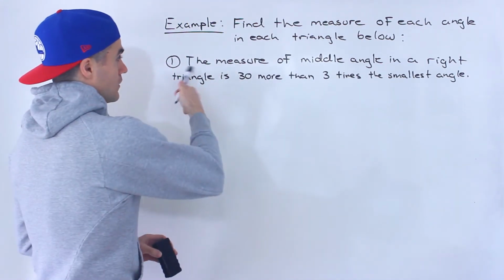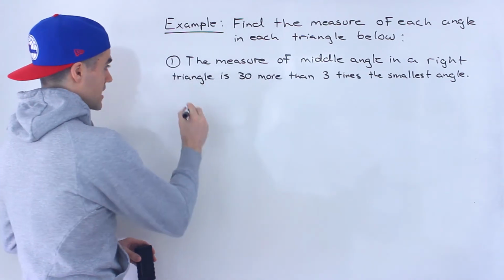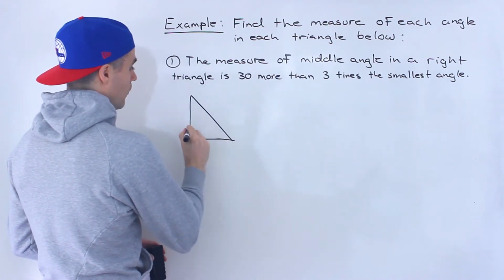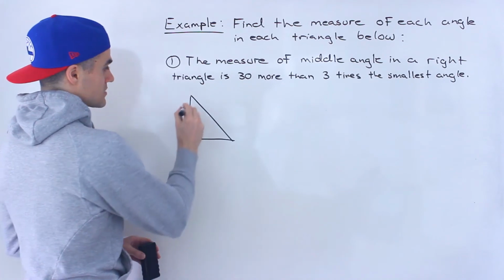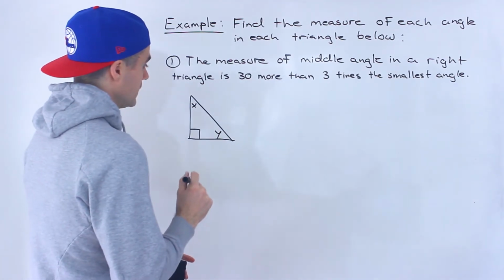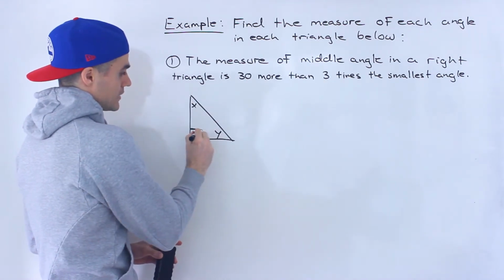So the first one, the measure of the middle angle in a right triangle is 30 more than 3 times the smallest angle. In a right triangle, we know that one of the angles is 90 degrees. If we call this angle x, we can call this angle y.